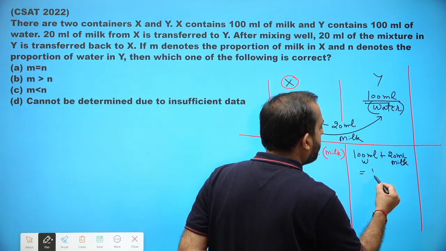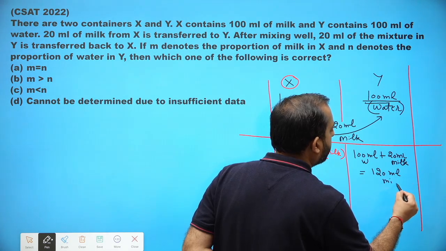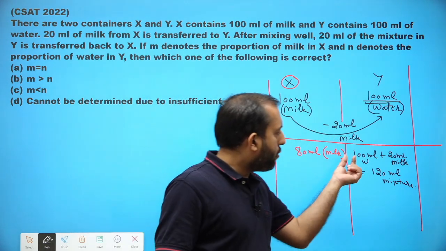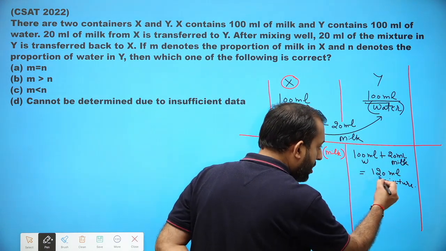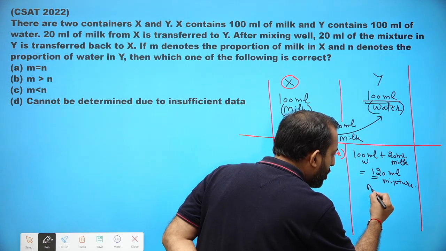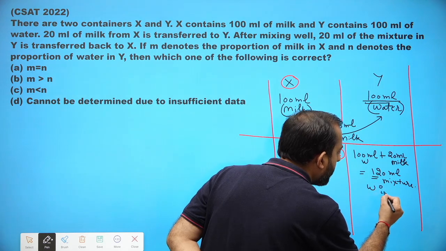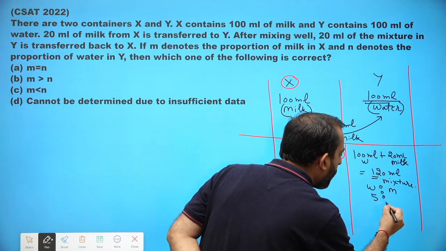So this becomes 120 milliliter of mixture. In this 120, water is 100, milk is 20, so the ratio of water to milk should be 100:20, that is 5:1.